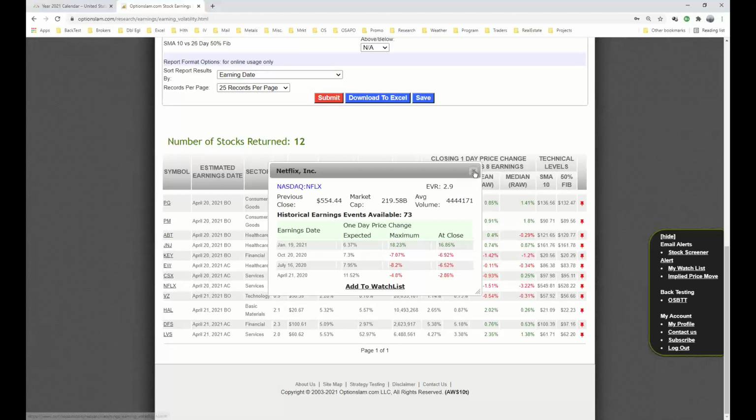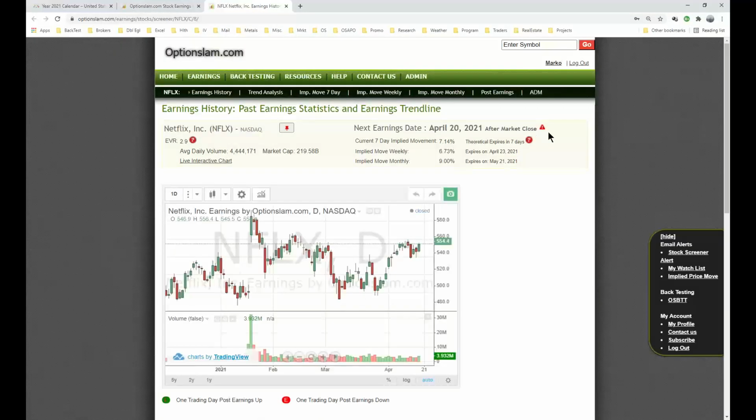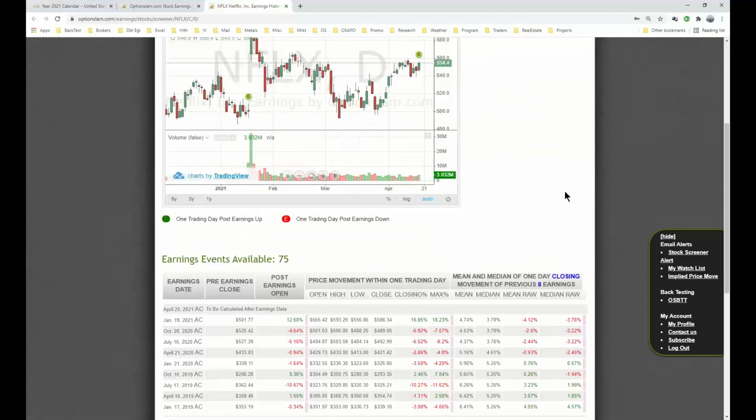Just a tip for you new folks, you can right click on Netflix here and open that link in a new tab. That's going to take you to the Netflix stock specific pages where you have all of these different pages that study the Netflix historical statistics.